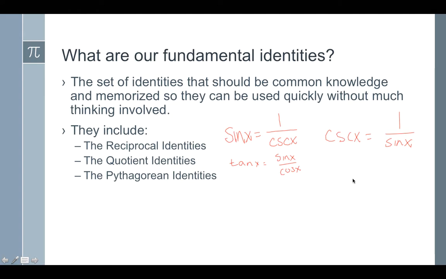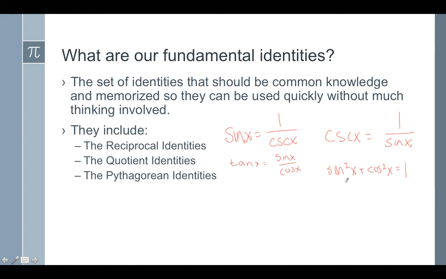The Pythagorean identity is one that we have looked at before. We've actually looked at a lot of these before, but now we're really going to start focusing on how to use them. The Pythagorean identity, the one that you should have memorized pretty quickly because it's a very useful one, is sine squared plus cosine squared equals 1.